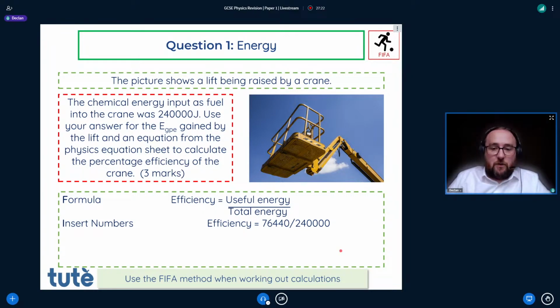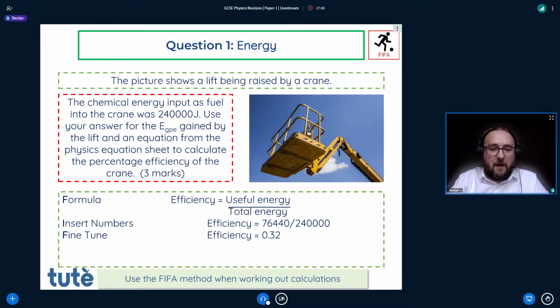So efficiency: our useful energy is our gravitational potential energy from the question before, that 76,440 joules, divided by the total amount that went in. I've got that from up here in the question. It told me the chemical energy input as fuel into the crane was this much, and I've put that there.